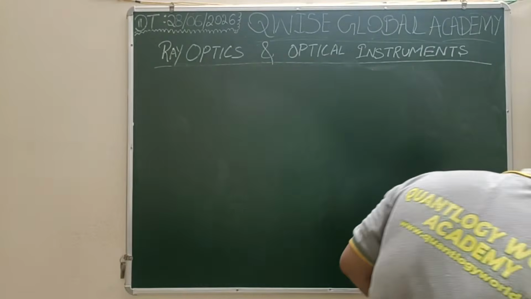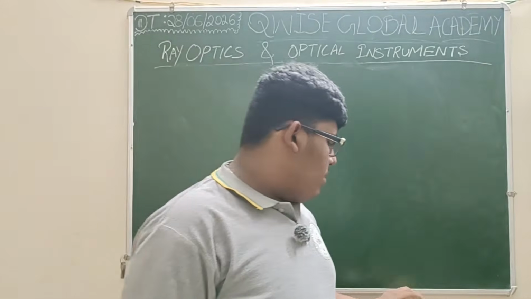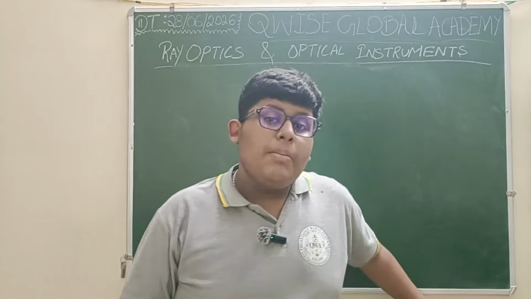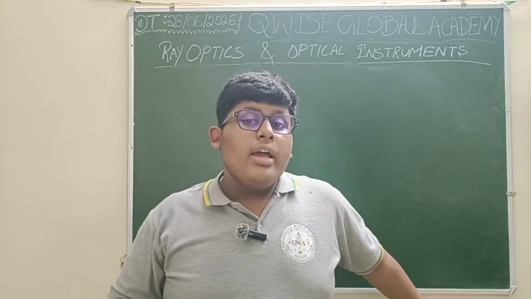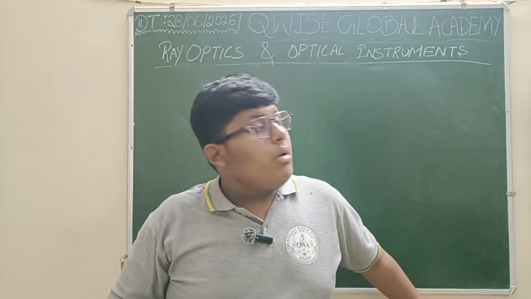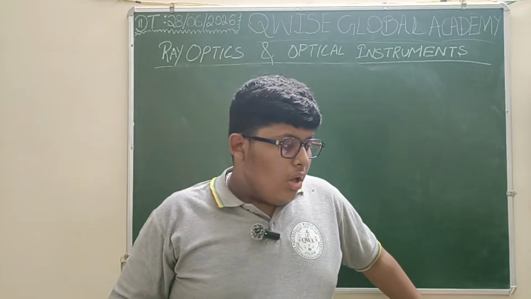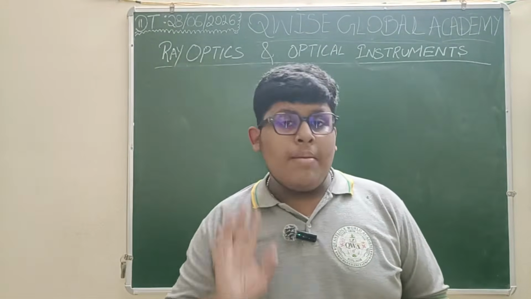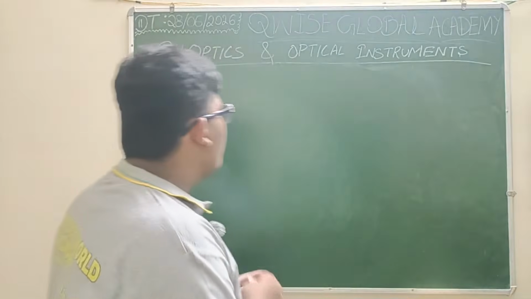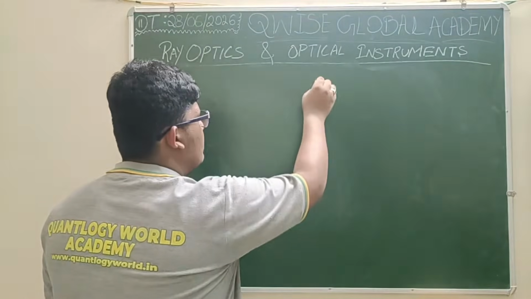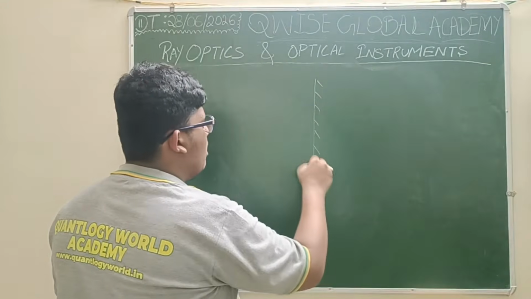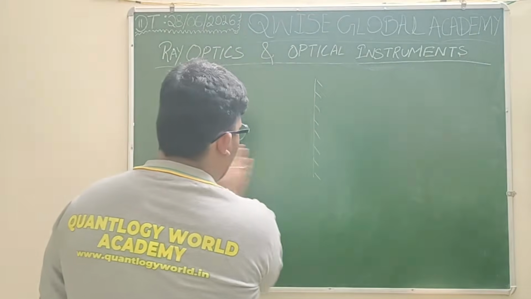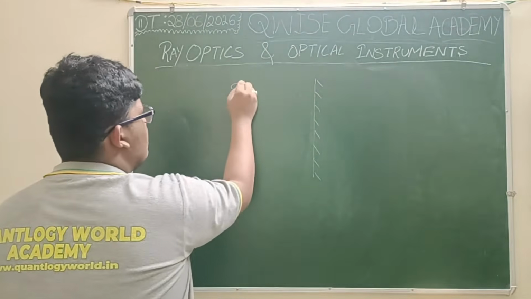Next is, what is reflection? From here the main topic starts. What is reflection? The phenomenon of bouncing back of light after striking a reflecting surface is called reflection. And light after reflection returns back in the same medium. Let's see. Let's say this is the reflecting surface, and this is the air medium.